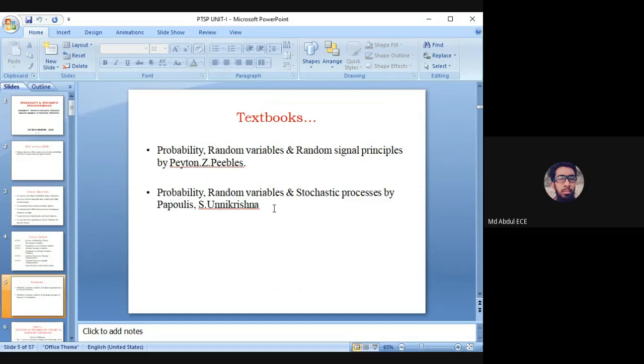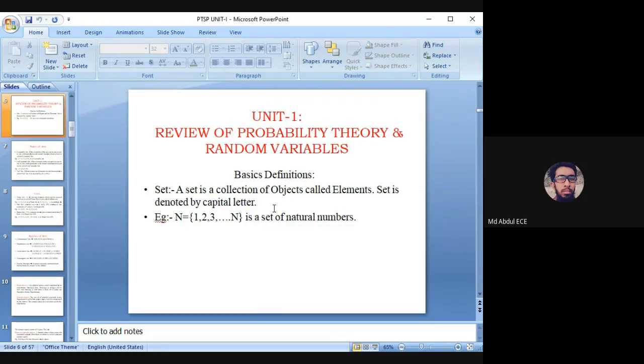These are the textbooks you need to follow for this course, probability and stochastic process. Right. So let us start our first unit, review of probability theory and random variables.